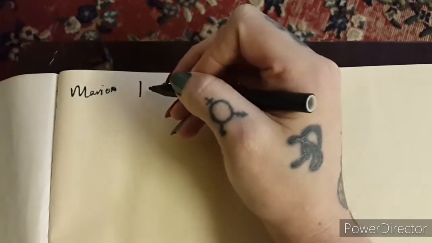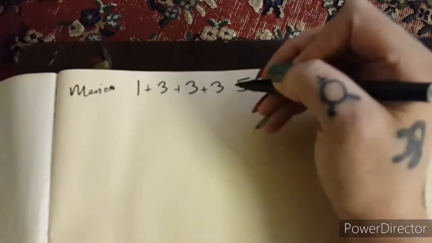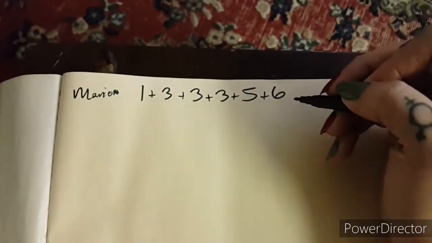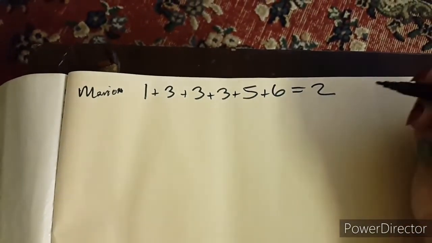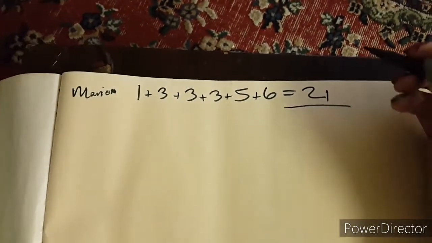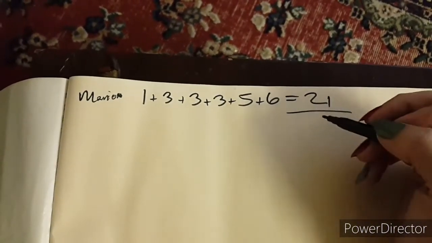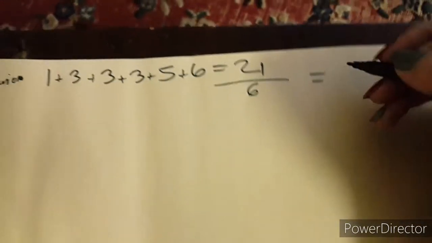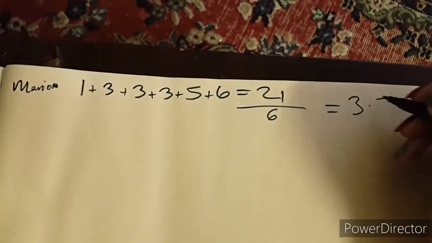We add them together to get 21, and then divide that by the 6 values, and we get 3.5.